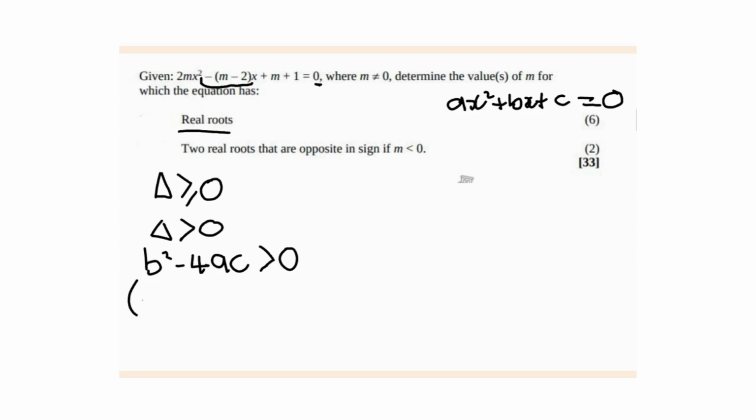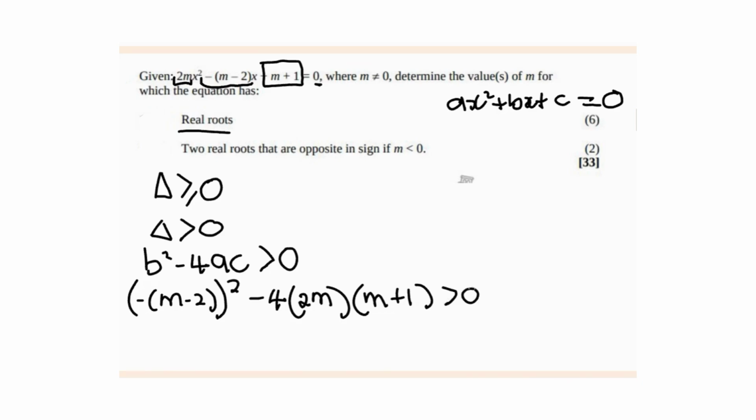So I'm going to put (negative m minus 2) squared minus 4. Our a, whatever is in front of x squared, is 2m. And our c, anything else that doesn't have x, is m plus 1.